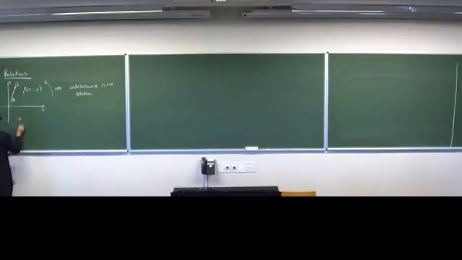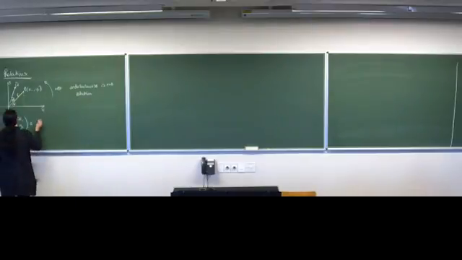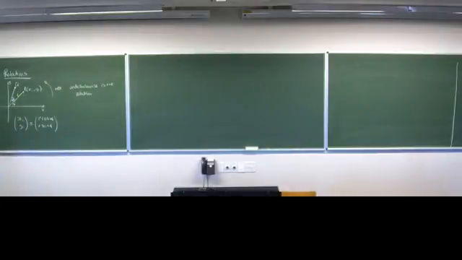For x1, y1, if we call this distance r, and this angle alpha, we get r cos alpha as your x1 coordinate, and r sine alpha as your y1 coordinate. You're all happy with that?